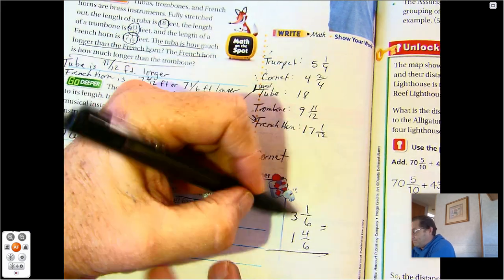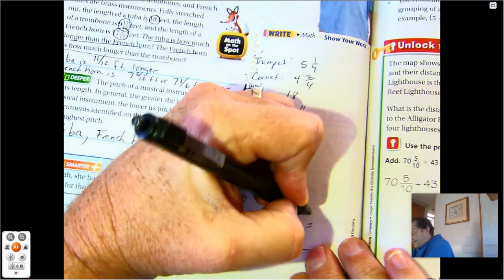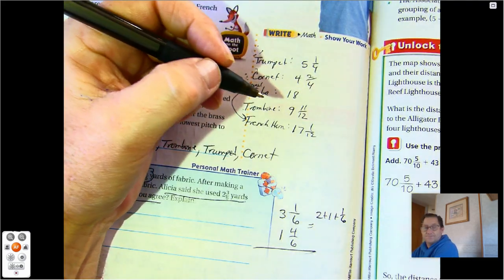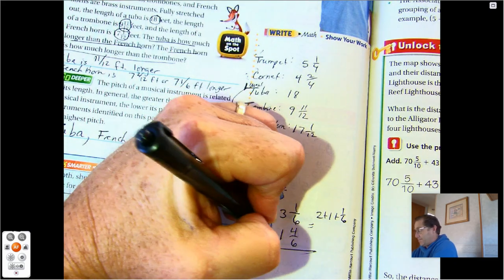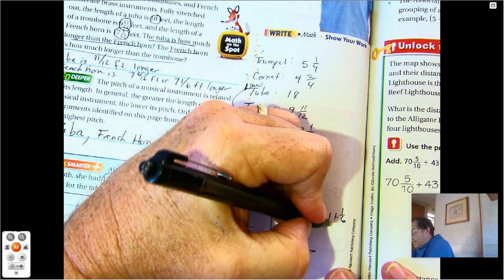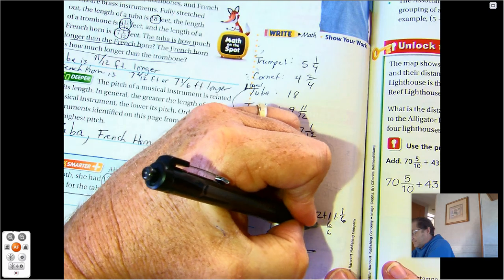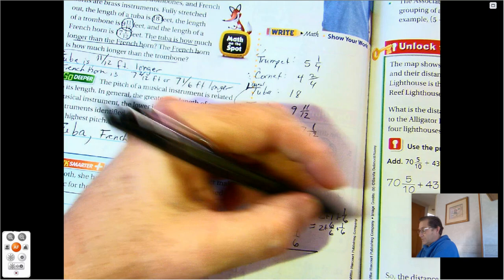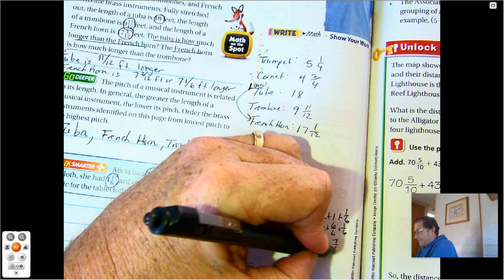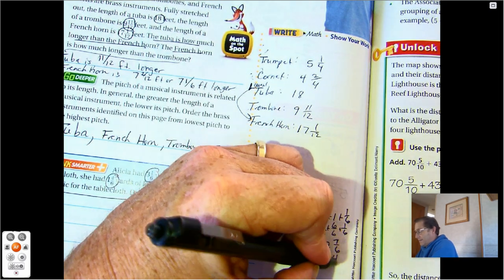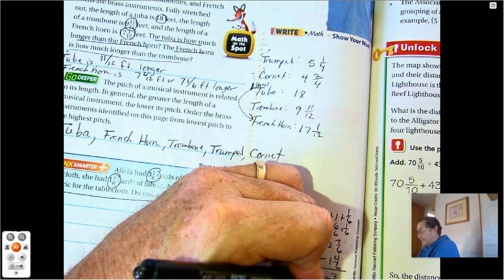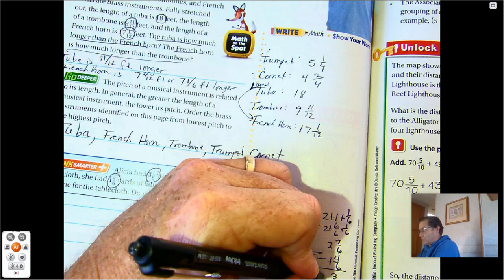So I'm going to rename the 3 as 2 plus 1 plus 1/6. I can already say I'm going to disagree. 1, I'm going to rename as 6/6. Okay, so we have 2 7/6. Take away 1 4/6. 7 take away 4 is 3, 6. 2 take away 1 is 1.